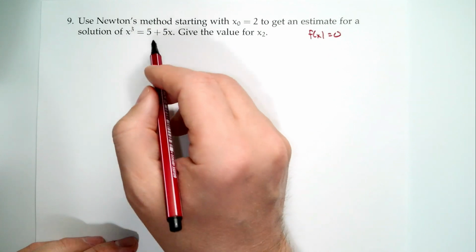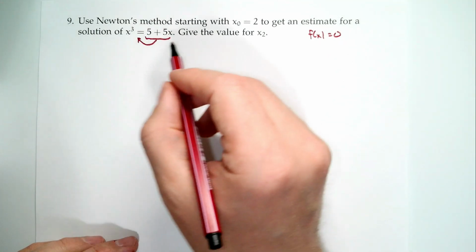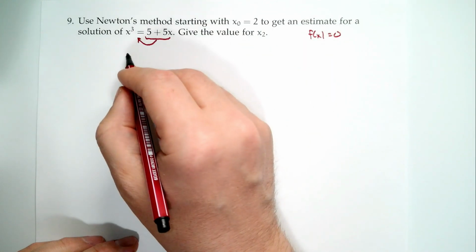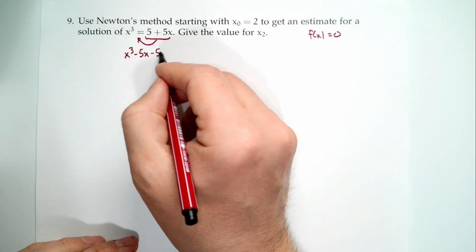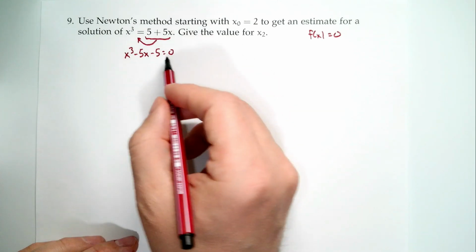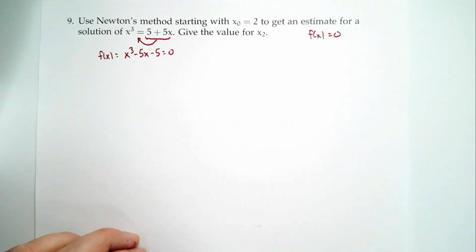But here's the thing. We can actually rewrite that and say, look, move this across. That's the same thing as, I want x cubed minus 5x minus 5 equals 0. So I can think of this function as my f of x. That's what I'm going to use Newton's method on.